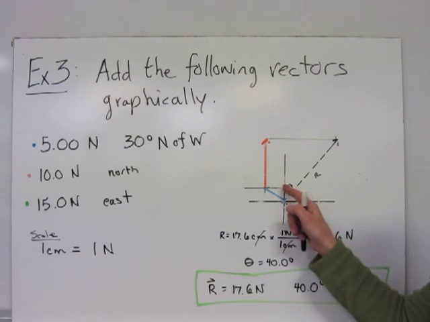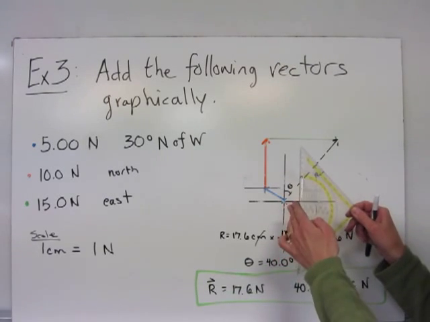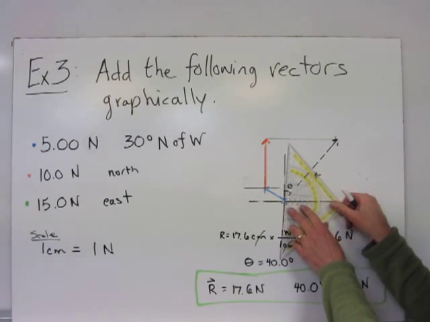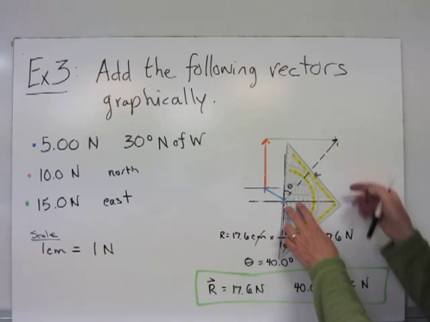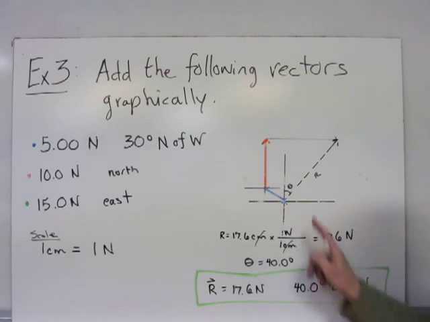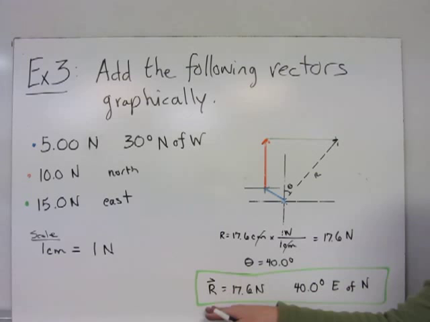My angle that I chose is the one from the y-axis, and so I placed my protractor like this, and you can read directly this angle right in here, and mine is 40 degrees, and it's east of north. My final statement, my resultant, is 17.6 newtons at 40 degrees east of north.